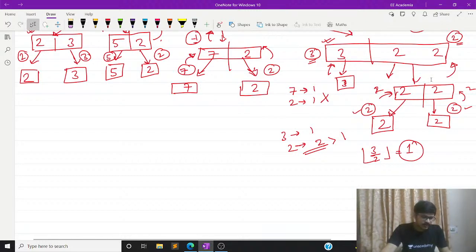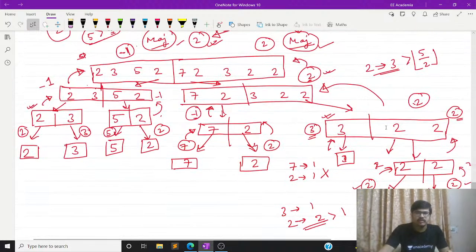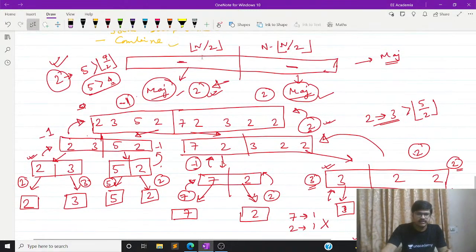Let me just open this pseudocode. If you have understood how to find the majority element, just tell me in chat if it is clear.